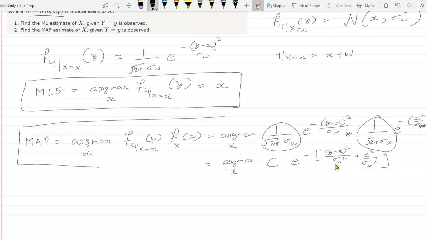The power should be minimized, so you equate y minus x the whole squared divided by sigma w squared plus x squared divided by sigma x squared, and differentiate and equate to 0. And if you do, you will get the following answer.